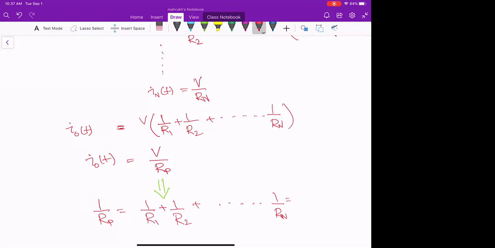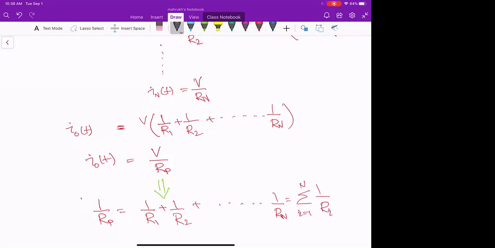Can I also write it like this? Right? So that's how we find parallel resistance.